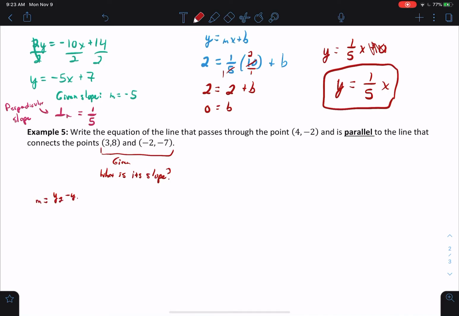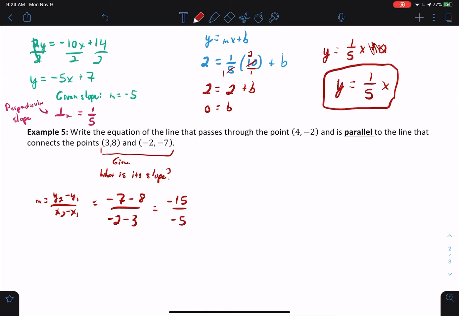Subtract the y's over, subtract the x's. So that's going to be 7 minus 8 over -2 minus 3. So 7 minus 8 gives me -15... Negative 2 minus 3 gives me -5.